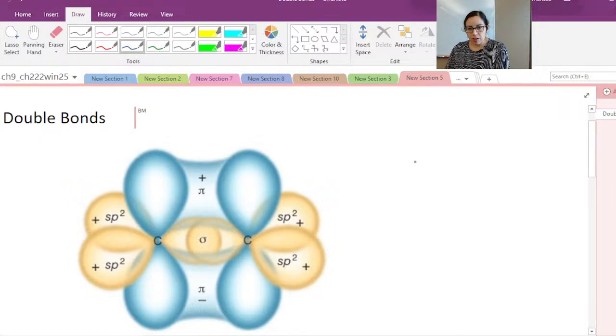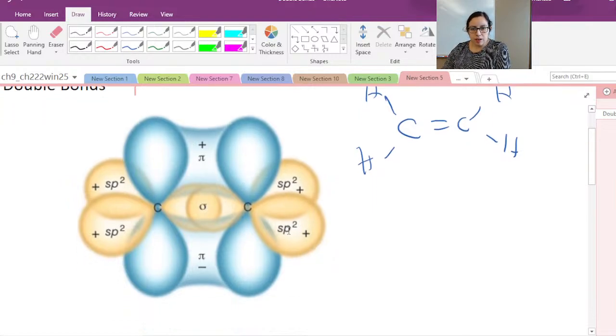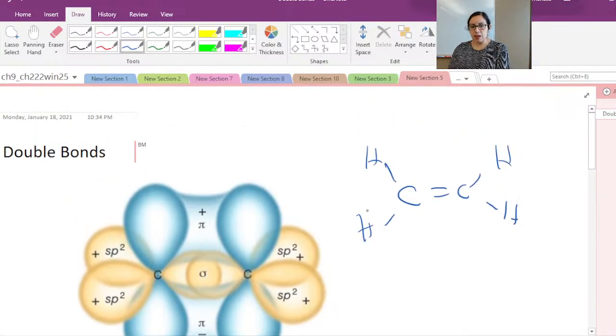So this is showing ethene, our double bond. And what's our hybridization here on this carbon? sp2. So both of these are sp2.